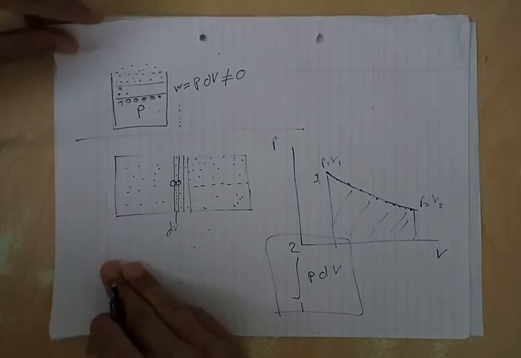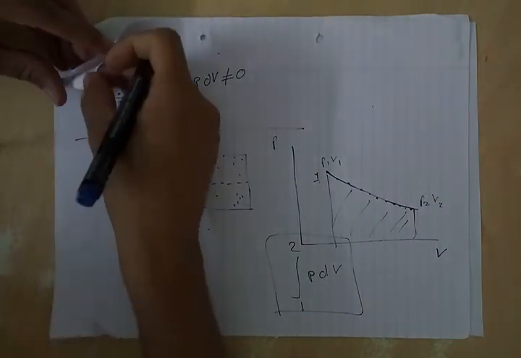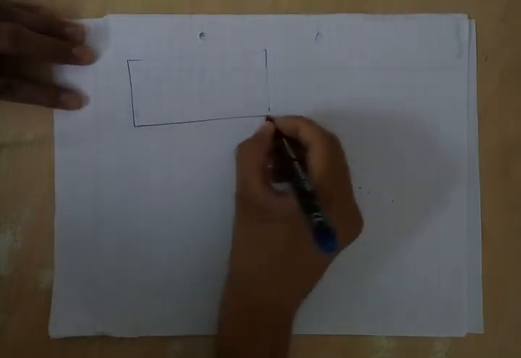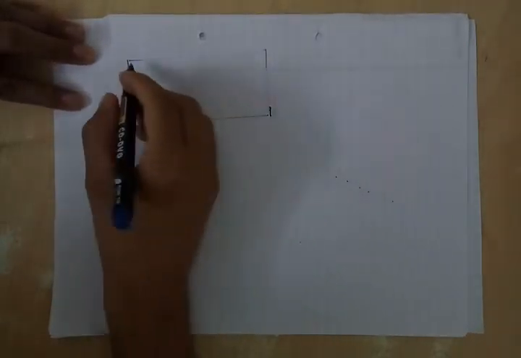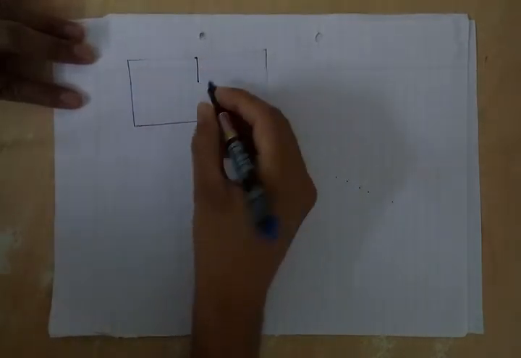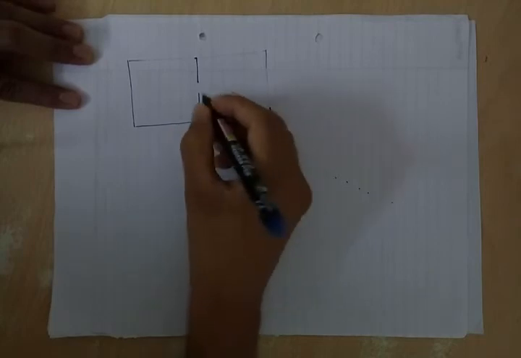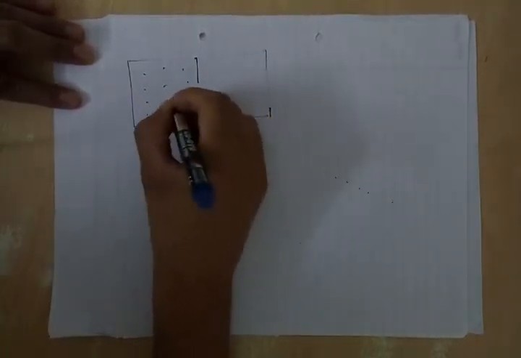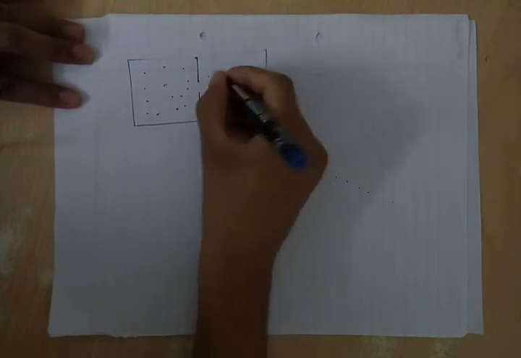Now we will analyze this free expansion process further. We will use the first law of thermodynamics to check whether there is any temperature difference or not. So we are rupturing this portion, and some of the gas moves from left side to right side.